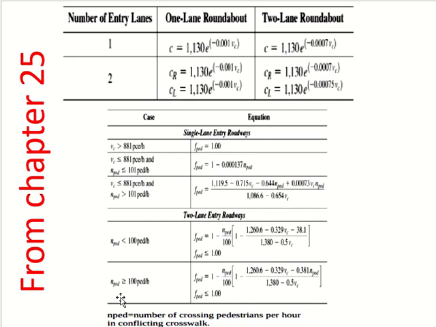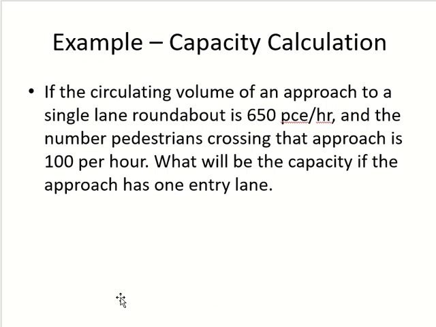Clear? Okay. So, what's this PCP per hour? Passenger cars per hour. Okay. So let's say we have a circulating volume of an approach, single lane roundabout. Circulating volume is 650 PCE, passenger cars, and the number of pedestrians crossing the approach is 100. Okay.